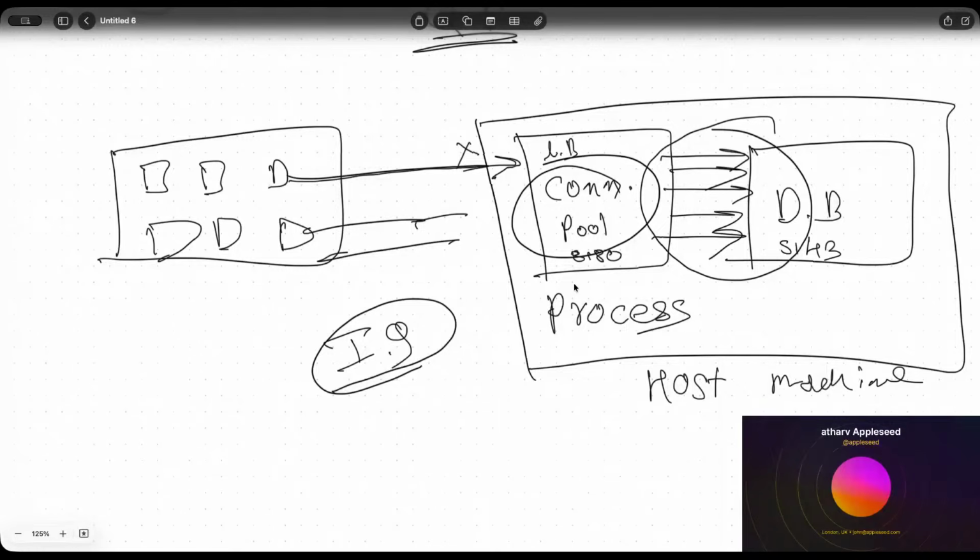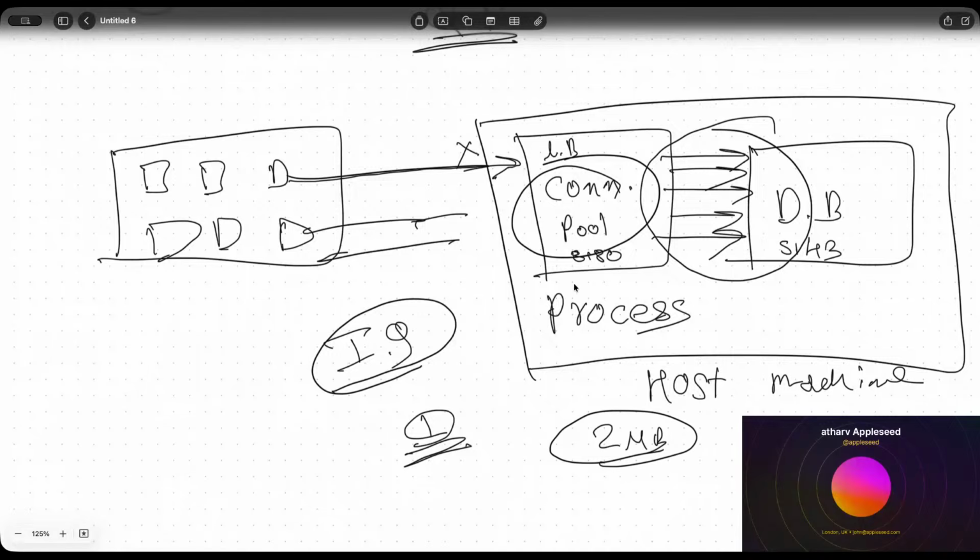Okay, so they were relying on a single Postgres instance, and they also faced the same problem that each process will take 2 MB of their RAM, and the 64 GB of RAM that they had was getting exhausted pretty quickly due to a lot of backend instances making connections.